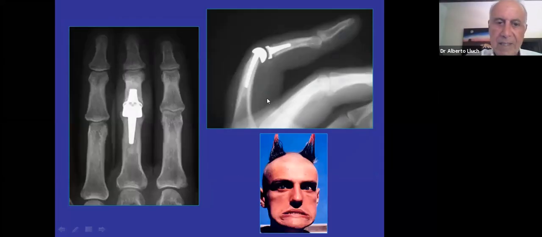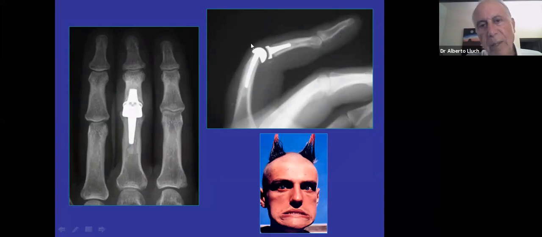But the problem is that all the patients, they want the fingers to get flexed. And this is what happened to this lady. She got again 45 degrees loss of extension of the PIP joint, because she wanted to regain flexion, which is quite normal or understandable from her job or whatever, but not for the repair of the extensor tendon.